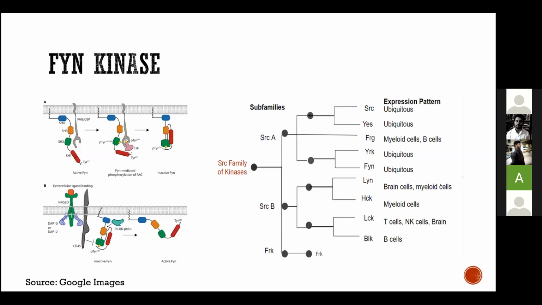This module is inherent to the SRC family of kinases. All the SRC family of kinases you look at look more or less similar to this structure. This picture was just to show what inactive and active Fyn looks like. So is that okay?